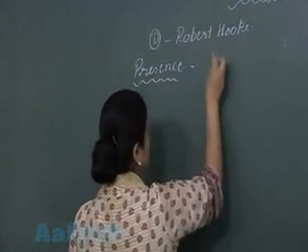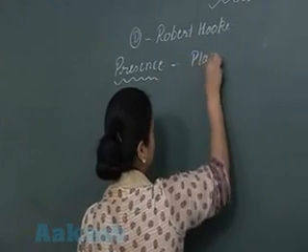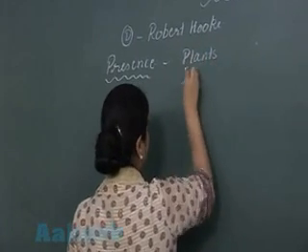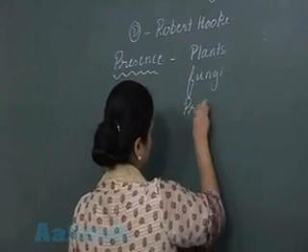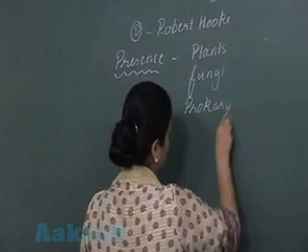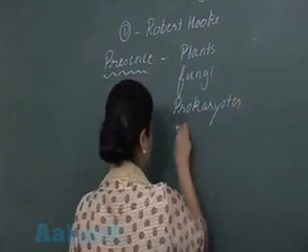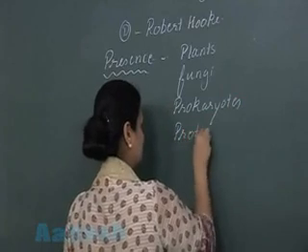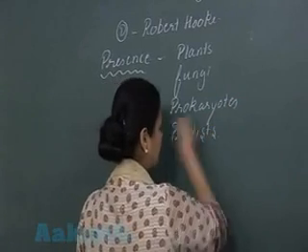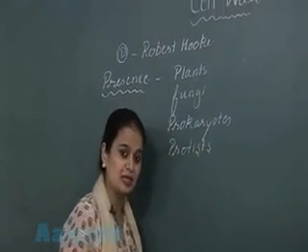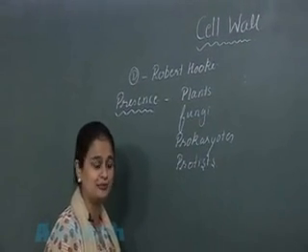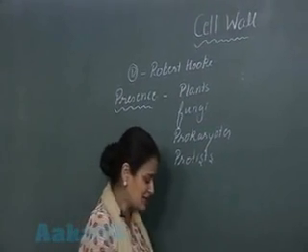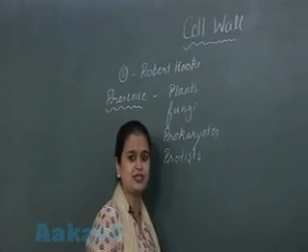The occurrence is in the plants, fungi, majority of prokaryotes, as well as in the protist. Yes, so in several protists also the cell wall is present.